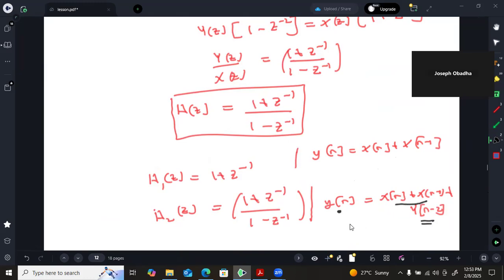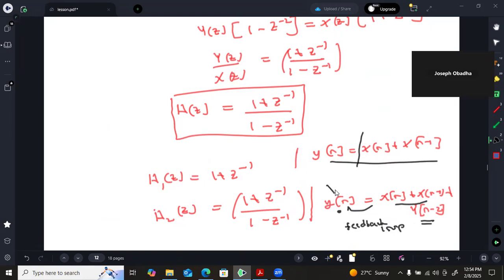Or we can say we have a feedback loop that feeds part of the output to the input. But in the first, there's no part of the output which is fed at the input.